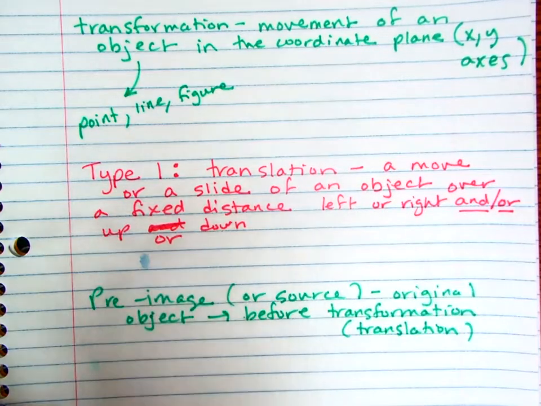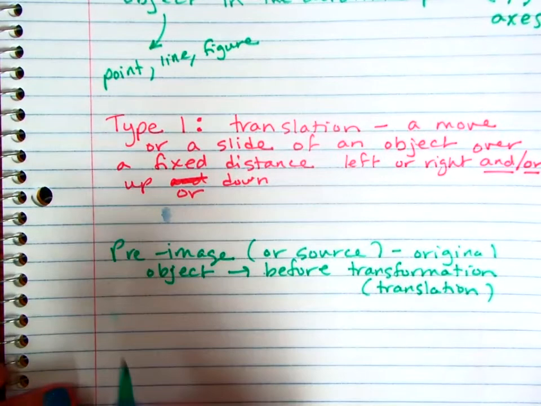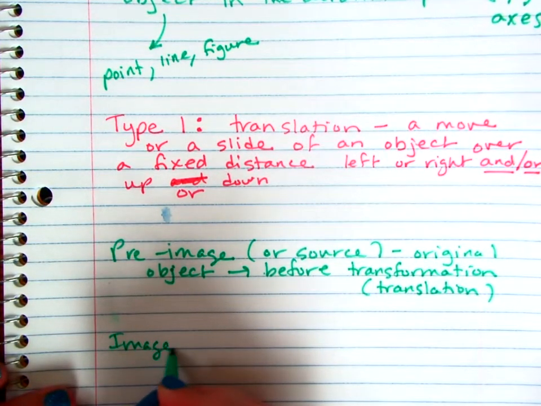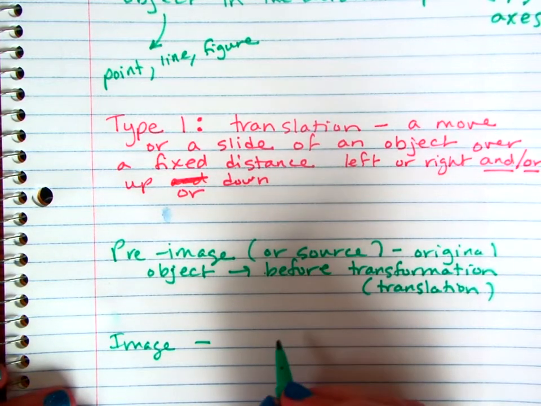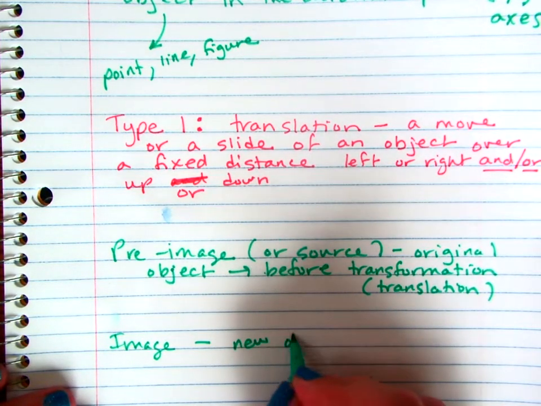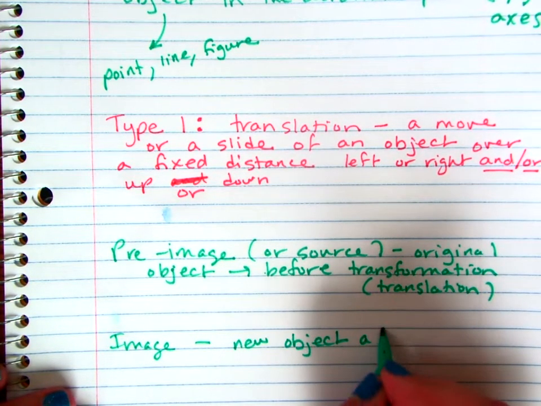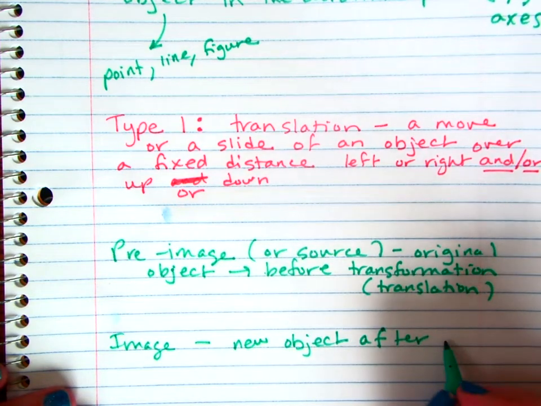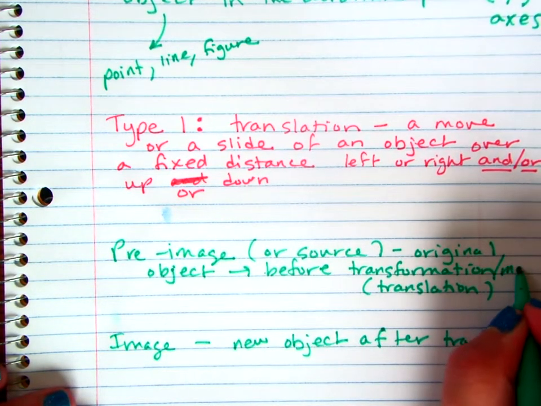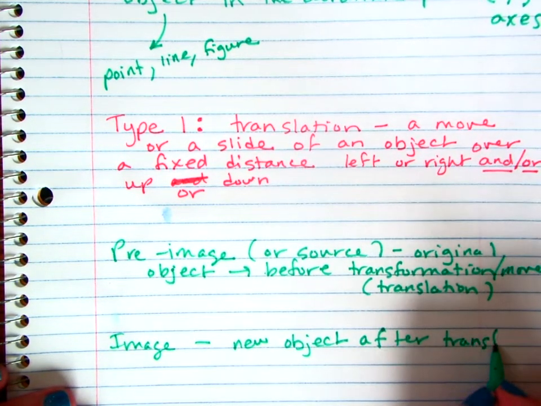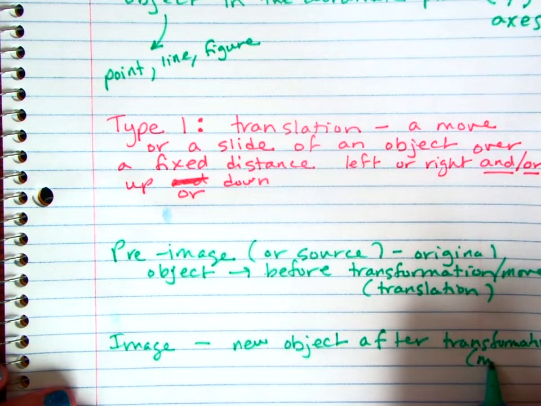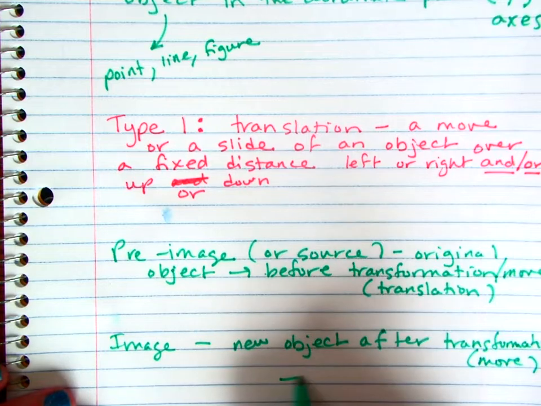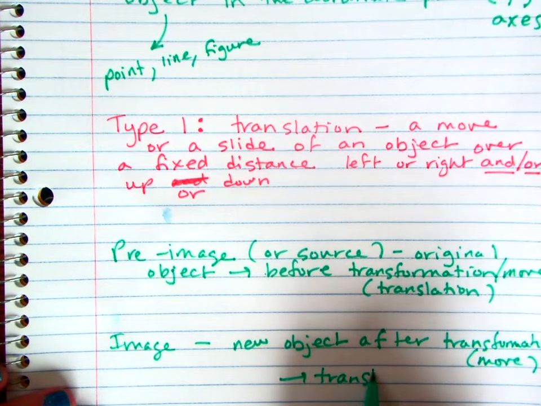But it's always called the pre-image. Okay, and then the image will be the new object after the transformation, which just really means a move. In this case, we're going to be looking at after the translation.